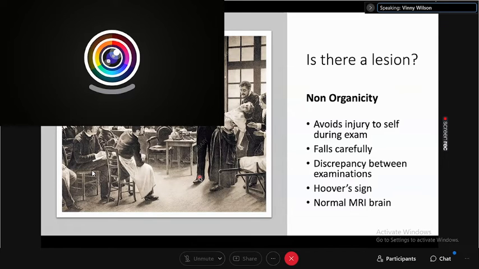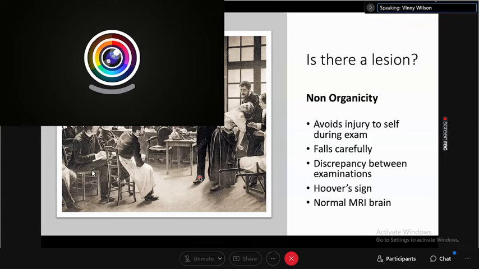And when you raise the paralyzed side, for example, you raise the right upper limb and you leave it in the air, naturally, because the limb is weak, it will fall. But it falls in such a way as to avoid injury to the patient. It will avoid injury to her face and to her eyes.